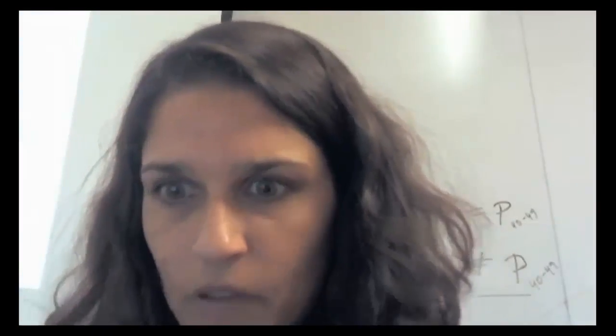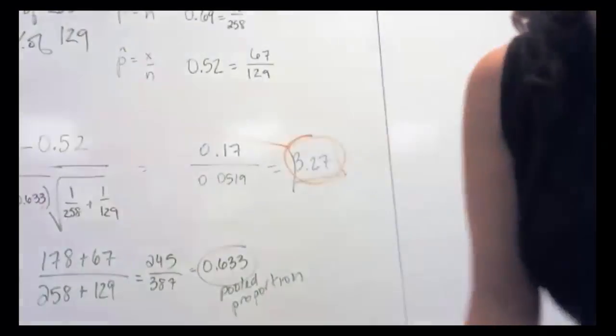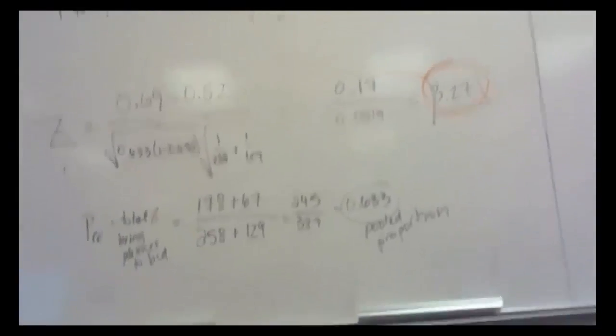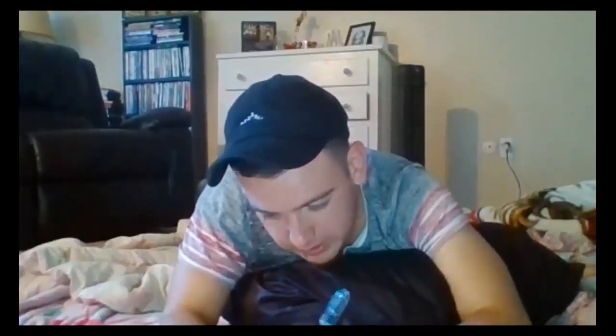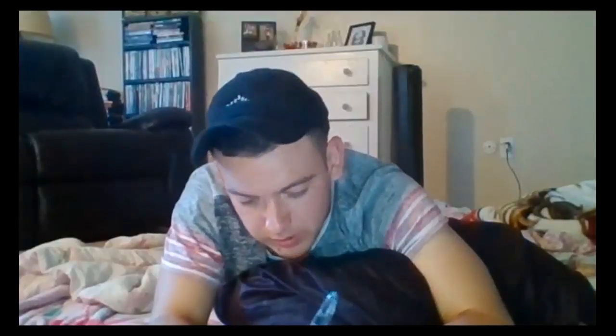Okay, so if you want to put this in your calculator, please see the right side. 0.17 over 0.0519 equals 3.27.